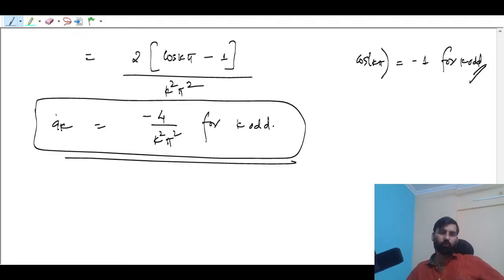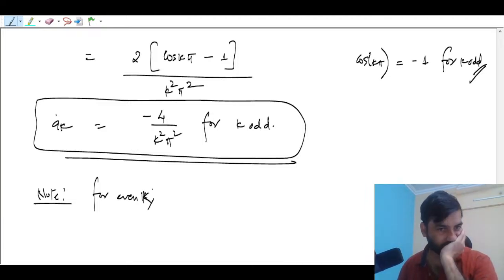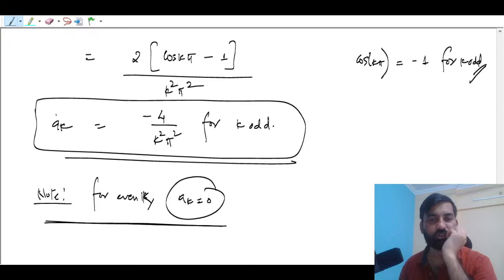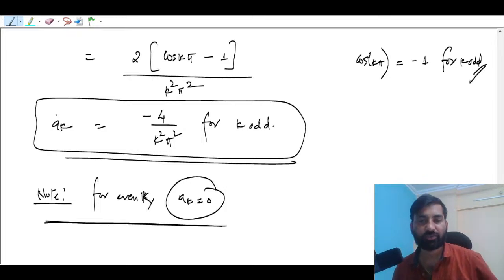Okay, so you have to note that for even k, the ak is going to be 0, okay? For even k, ak is going to be 0. So what is the meaning of that? It implies there is a hidden half wave symmetry.